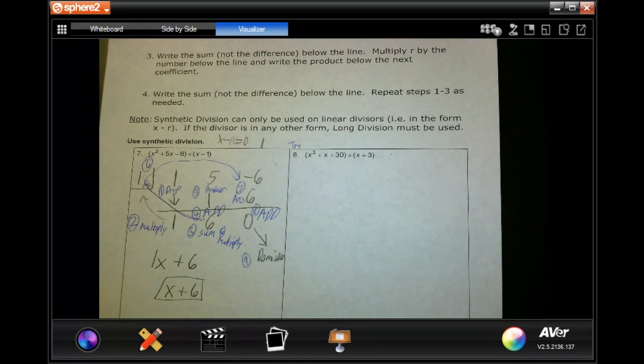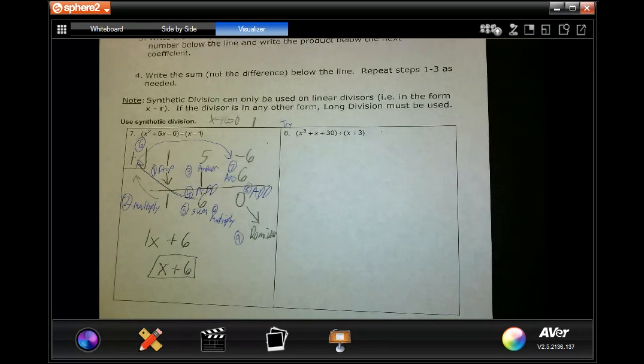It's a cubic, yeah. So what are we going to need? We have an x cubed. We have an x to the first power. What do we need? What's going to be a coefficient going across? Yeah, a 0 coefficient for the x squared. Set that up. Raise your hand when you're done with number 8.